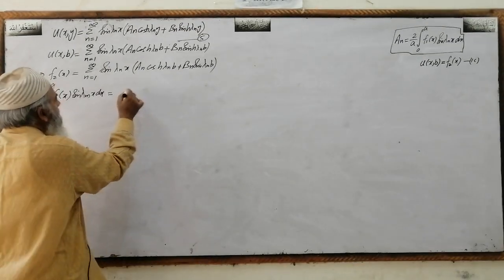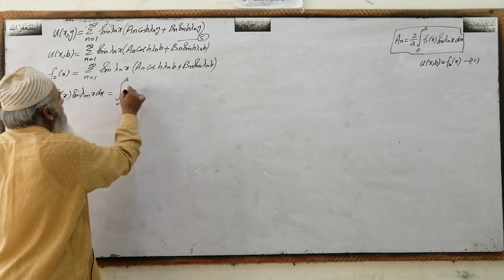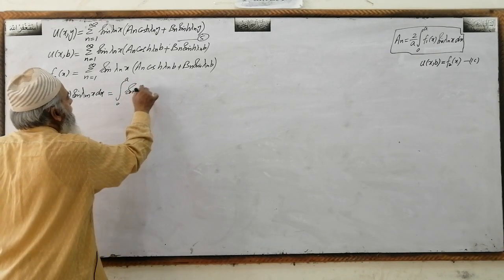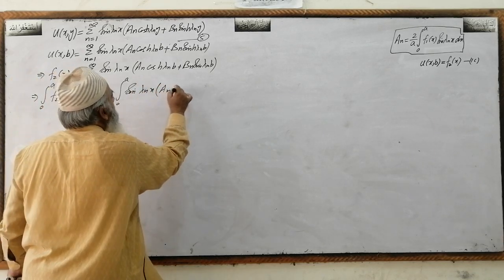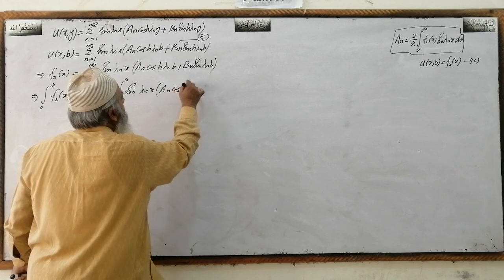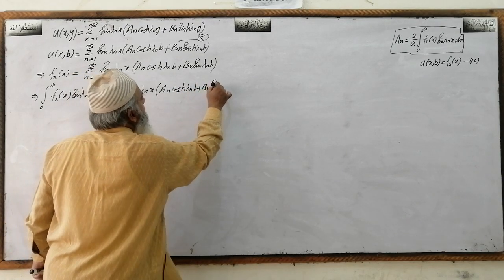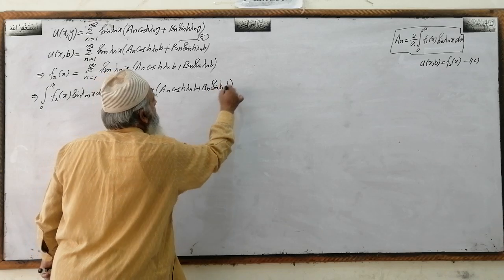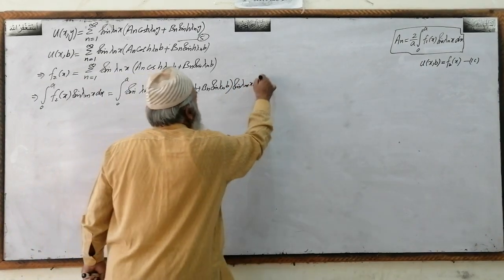Same operation will be done on the right hand side. Integral 0 to a, sine lambda n x into [an cosh lambda n b plus bn sinh lambda n b] into sine lambda m x dx.